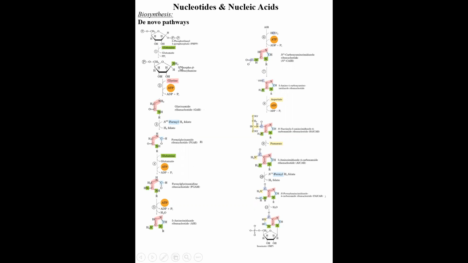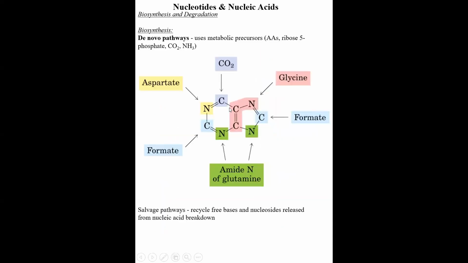And in the next subsequent step, glycine interacts. If you can memorize this diagram, it would be very easy to learn this pathway, because you can see this pathway basically started from this nitrogen number three, where glutamine first donated its nitrogen.